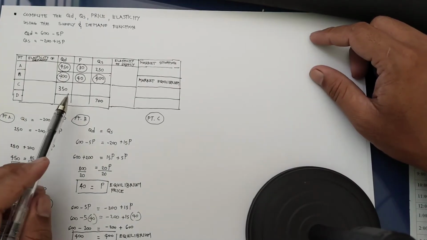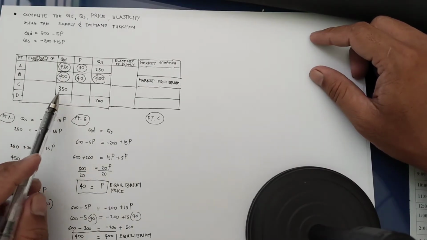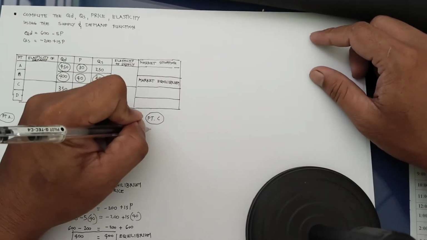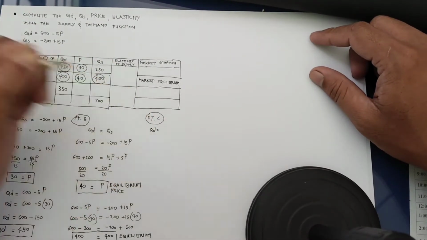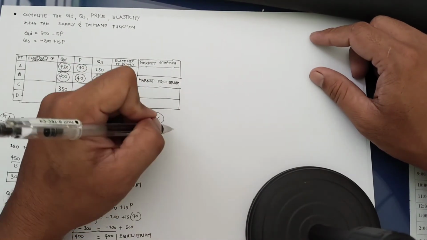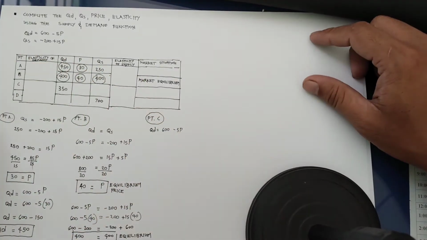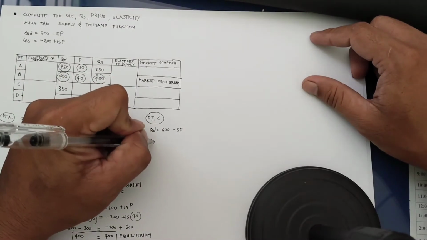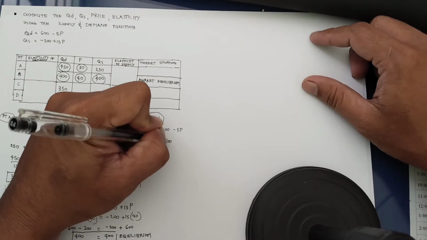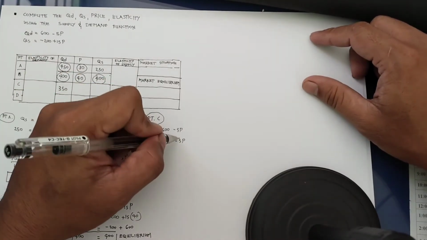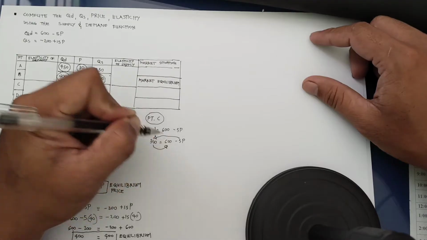So in point C, we have here QD, so we are going to use the QD formula. That would be QD is equals to 600 minus 5P. From that we can use now the 350. So 350 is equals to 600 minus 5P. So what we're going to do is transfer that one.